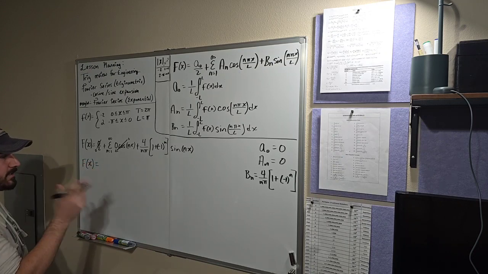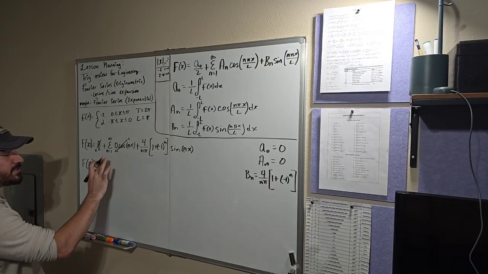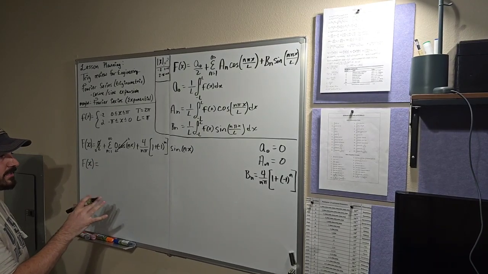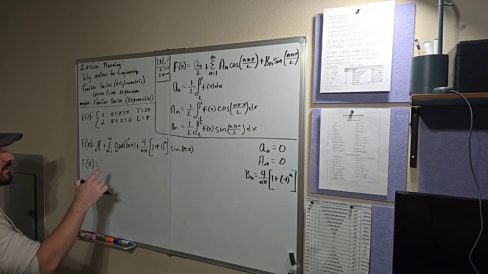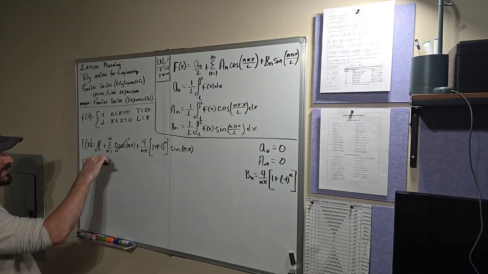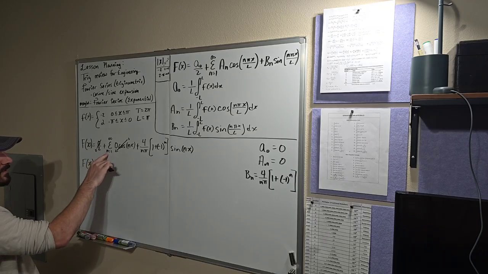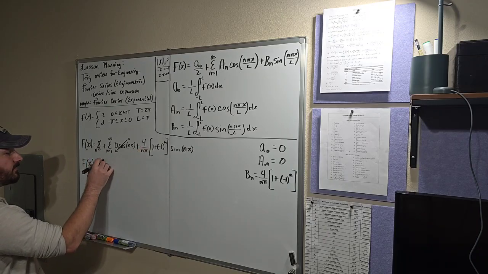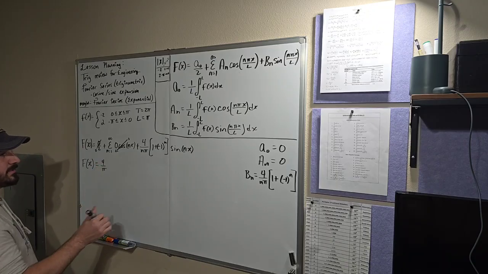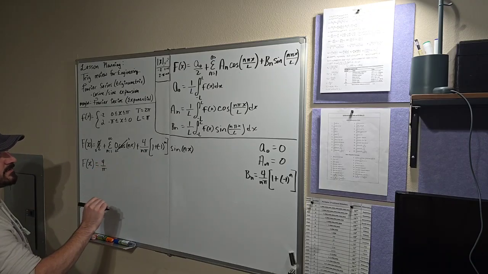Now, here's the other cool thing. This summation works just like an integral in a lot of ways, where you can pull constants out, and you can pull functions that don't depend on the variable out. In this case, the variable for the summation is this n. So I can pull out this 4 over pi, easy, no problem. This n has to stay, okay?